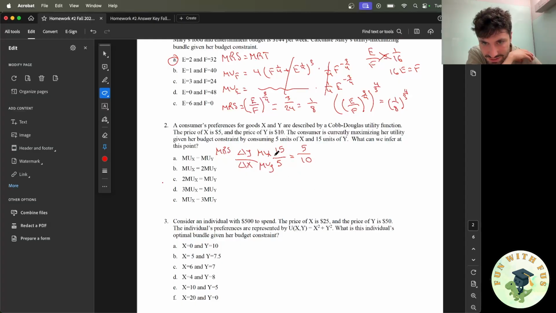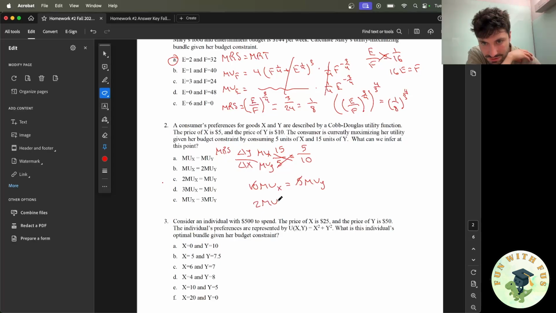If I were just to cross multiply, because I'm looking at the answer choices here, I would say 10 marginal utility of X is equal to 5 marginal utility of Y. Then that cancels, that becomes a 2.